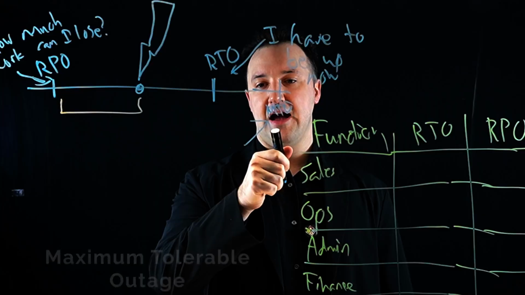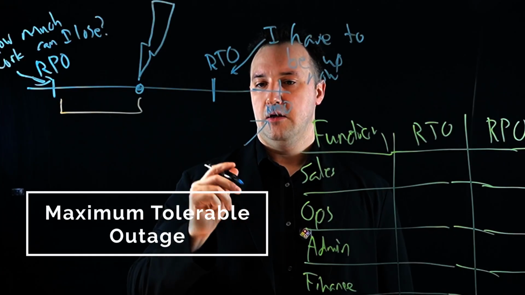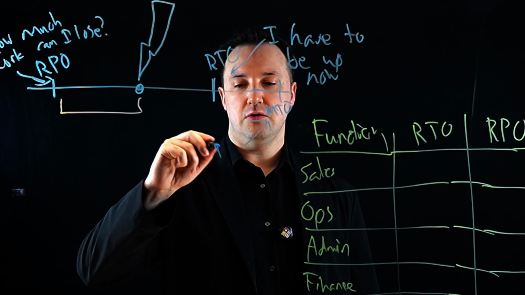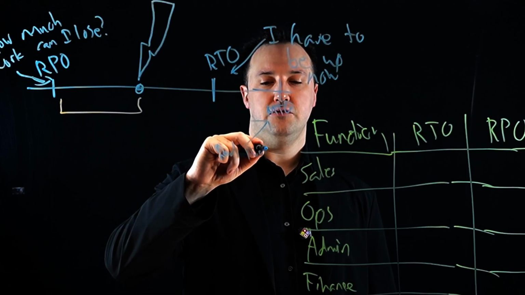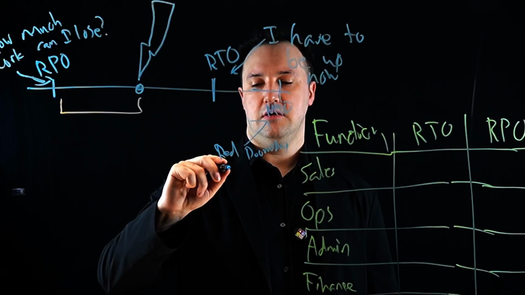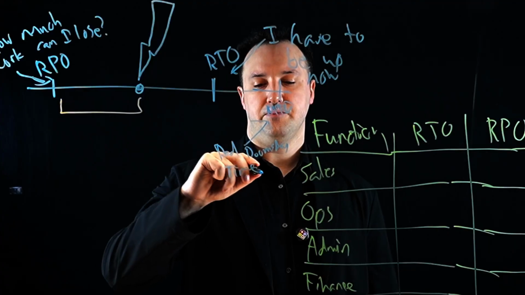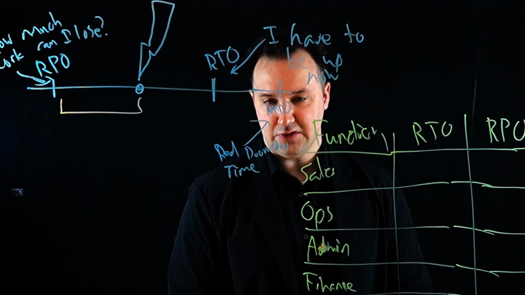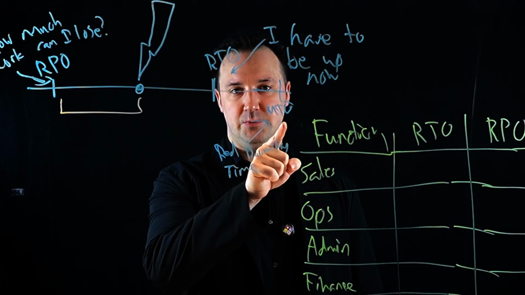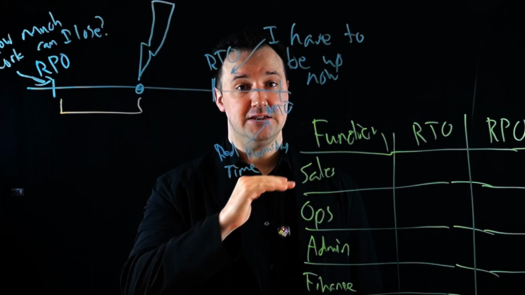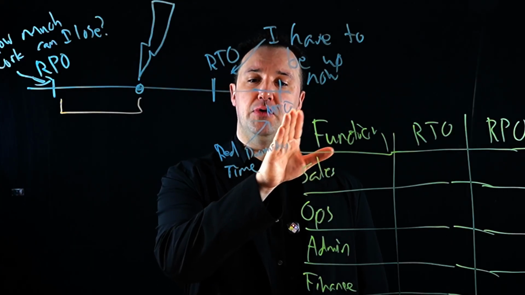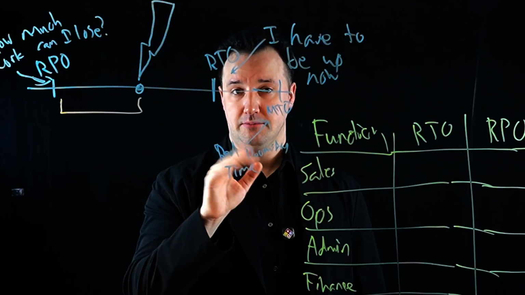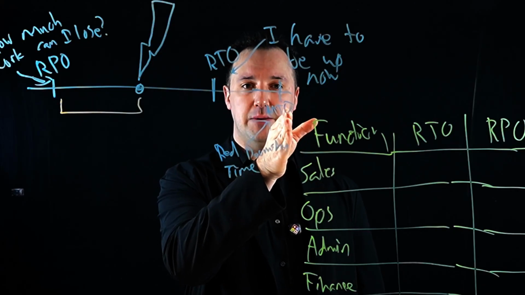That is the maximum tolerable outage. The MTO is the real doomsday time. So there's the time at which it has to be back up or you are completely doomed. I was going to use a different word, but I'm going to be polite. So until you're done, right? So you have a maximum time there.